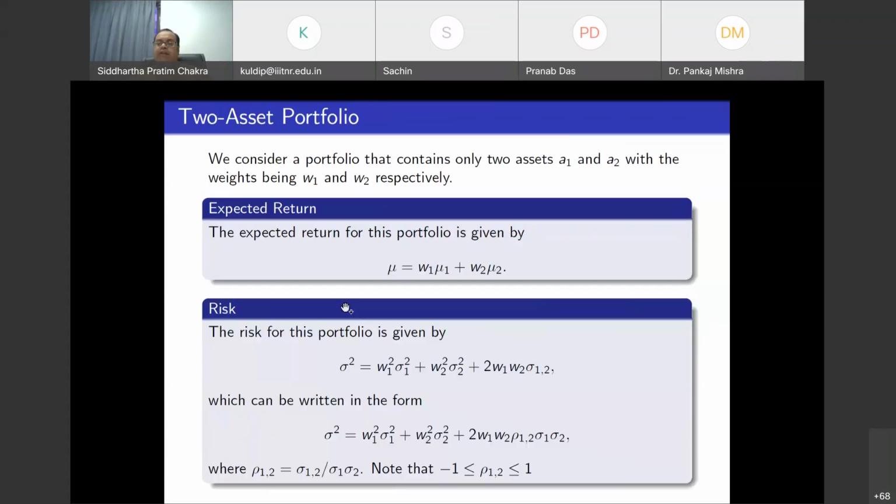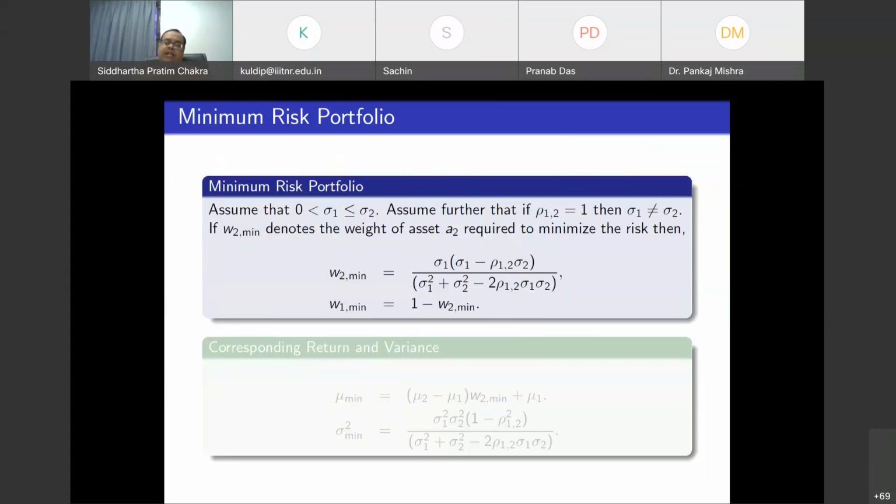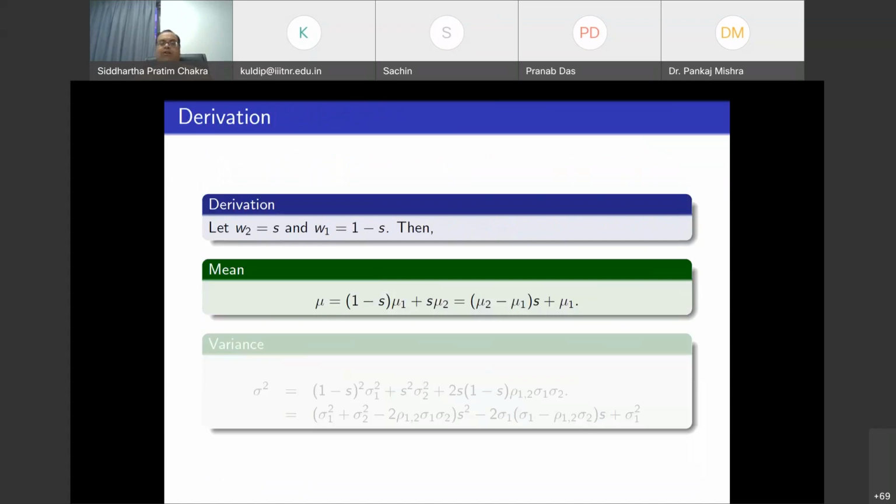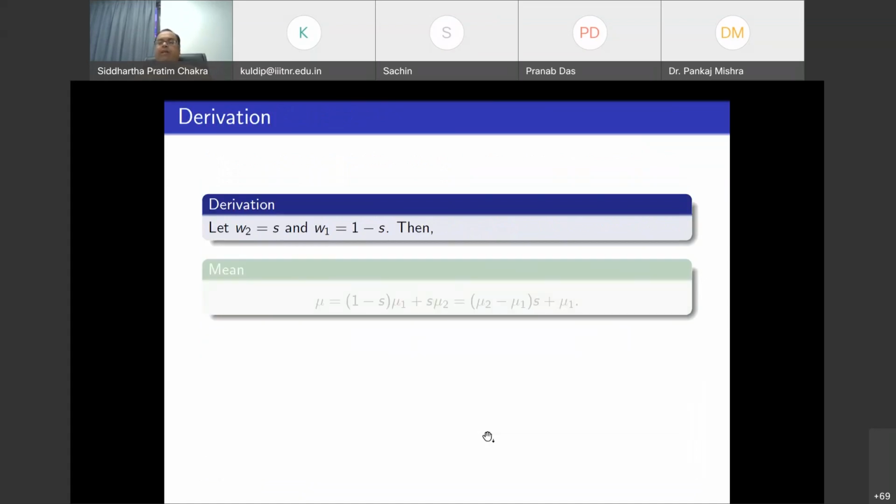Remember, I arrived at this by minimizing the sigma square. How do I minimize the sigma square? It's a function of two variables, but the advantage is that since W1 plus W2 is equal to 1, I can convert this into a function of a single variable and then use my usual differential calculus, or the differentiability test, in order to optimize or minimize the variance.